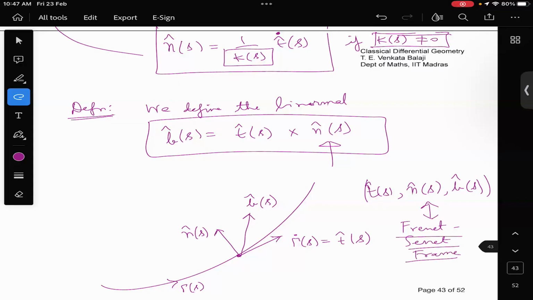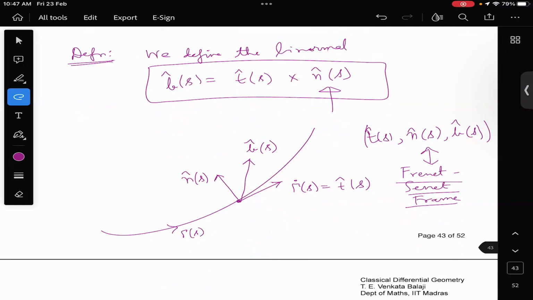Okay, and the Frenet-Serret differential equations will now record how the derivatives of these three behave with respect to these three, namely how they can be broken down in terms of these three.